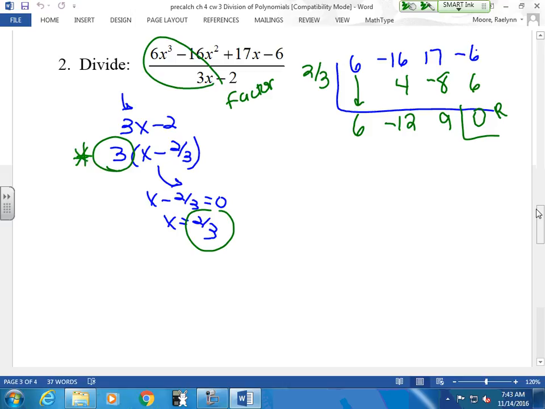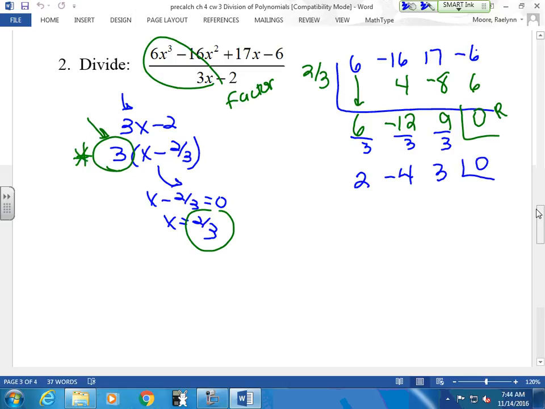Before I write this out, I need to come back and say, well, we factored out a 3. We have to factor a 3 out of here. This is why I say put an asterisk around that thing, because you forget to come back and do this. So I have to factor a 3 out of everybody here. If I factor out a 3, I get a 2, -4, and a 3.